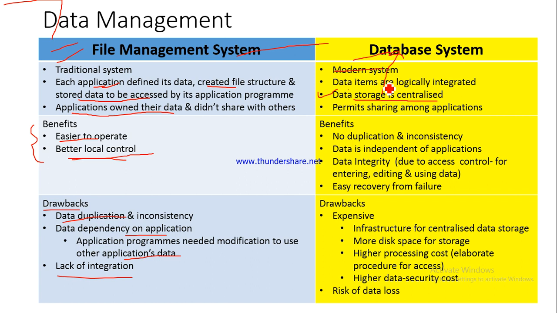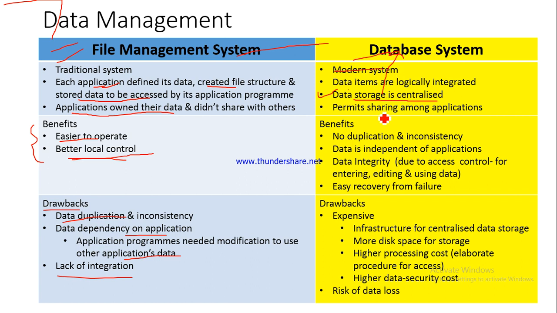For example, the name, then the date of birth, then the Aadhaar card number, then the Aadhaar card authentication data, the results of the fingerprint match, for example, then the amount of money in the saving bank, then the daily transaction record. So all these data would be integrated in a very, very logical fashion, right?